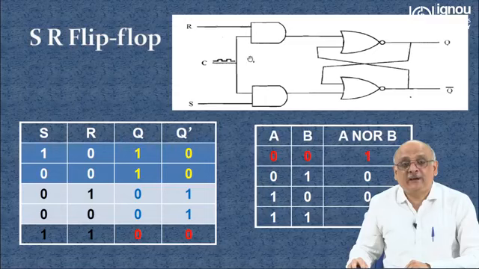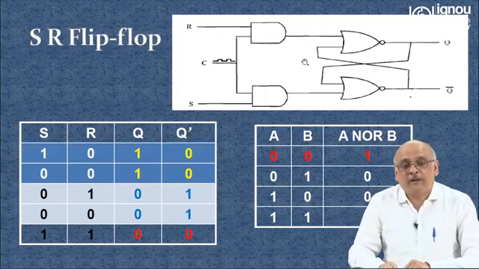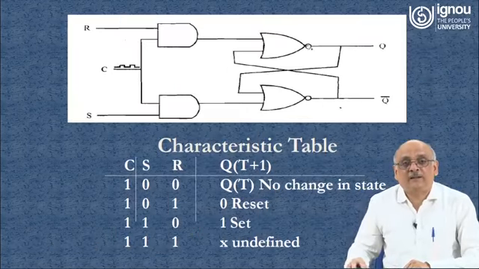Now let's start looking into the states of this machine. First we go to the first state shown in the characteristic table. What is a characteristic table? It says, suppose the clock pulse is 1 and the S and R inputs are set to 0 or 1.